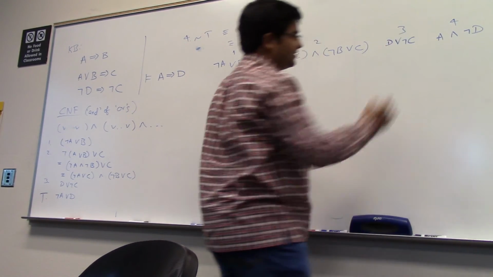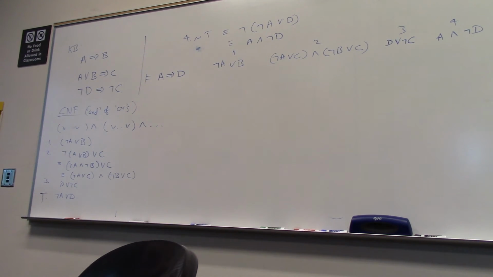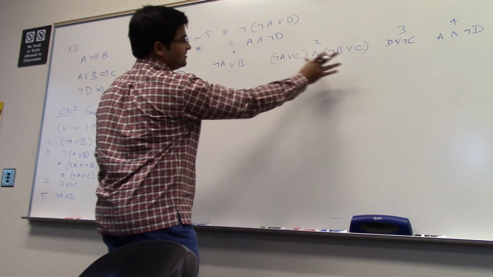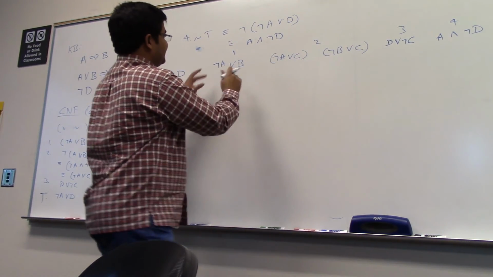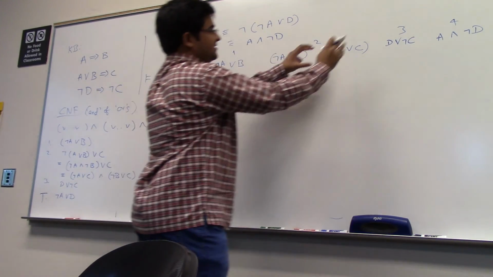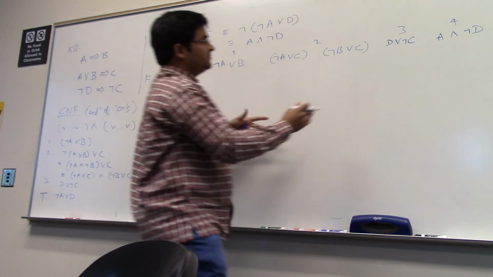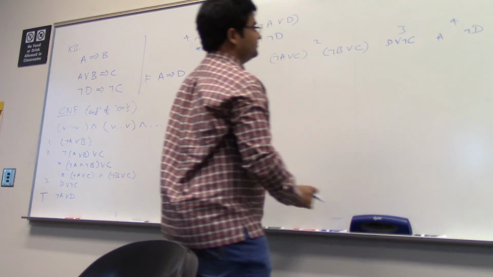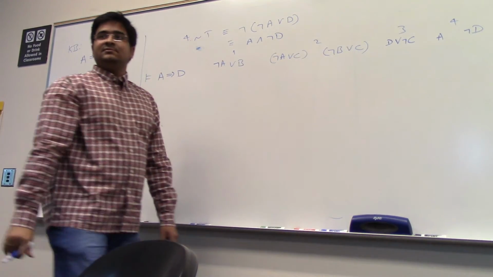So all these terms are considered separate, so you can drop these ands, because ultimately it's this and this and this and this. You are looking at the consistency of everything together, so you can drop these ands. So you are looking at consistency of these 6 terms.